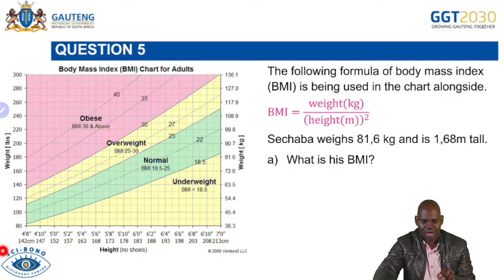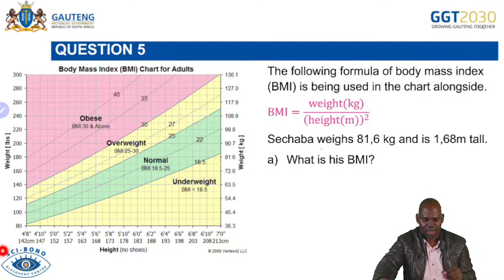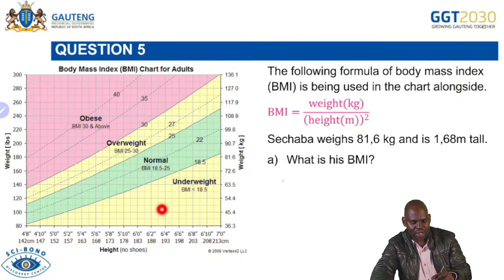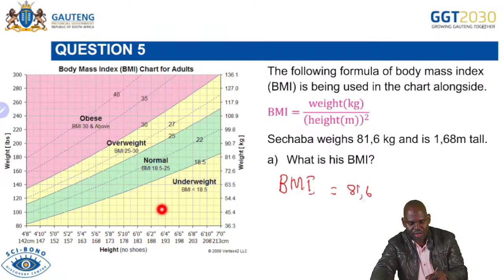The following formula of body mass index is being used in the chart alongside. BMI is again weight in kilograms over height in meters, squared. Then they say Sechaba weighs 81.6 kilograms and is 1.68 meters tall. What is his BMI? Okay, it should be easy now. Boys and girls, for the formula, we have to check: is the weight in kilograms? Yes, 81.6. Is our height in meters? Yes, so it's 1.68 squared.